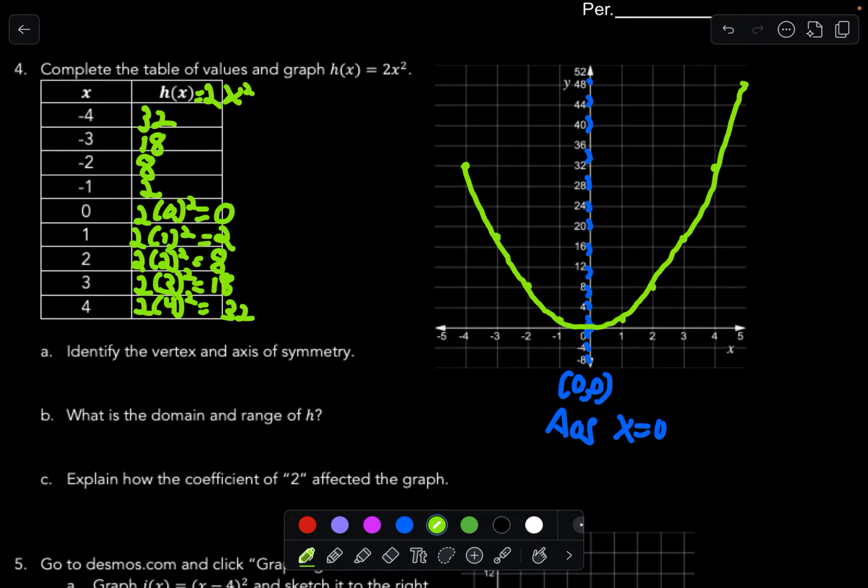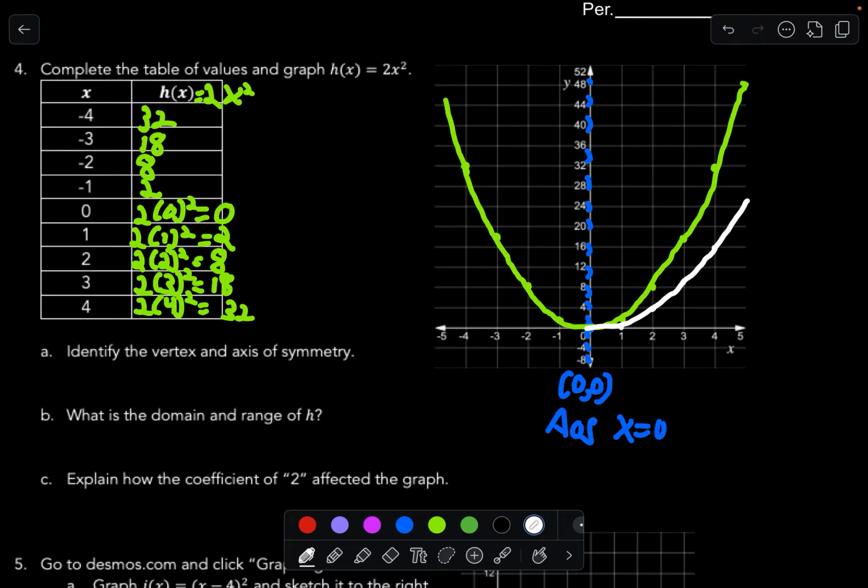And this is the parabola. Okay. Now compare that to the original where you go over 1, up 1, over 2, up 4, over 3, up 9, over 4, up 16, and it looks something like that.